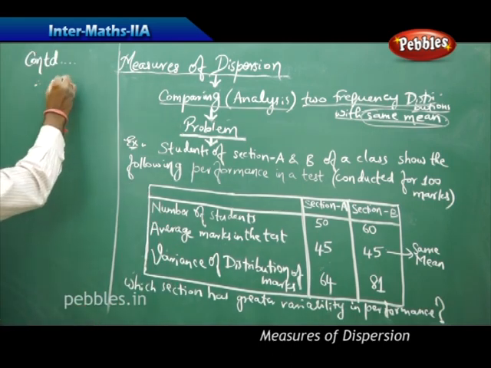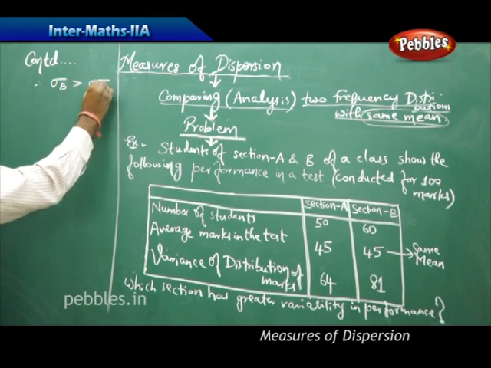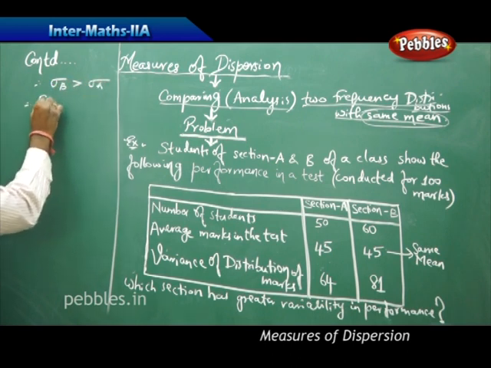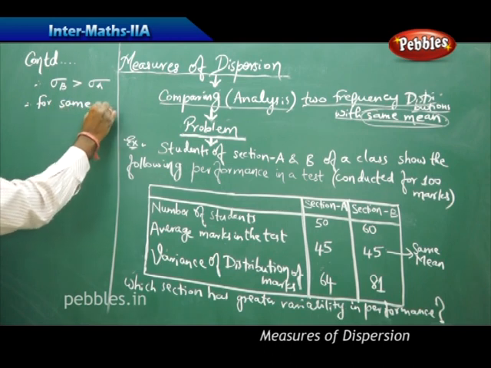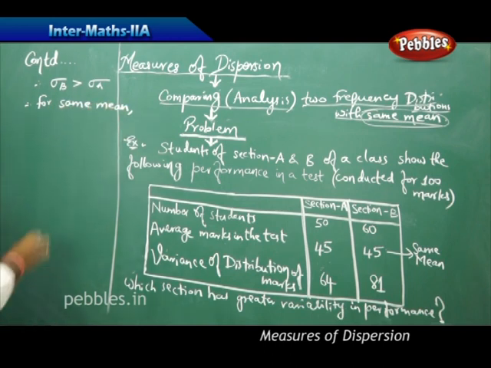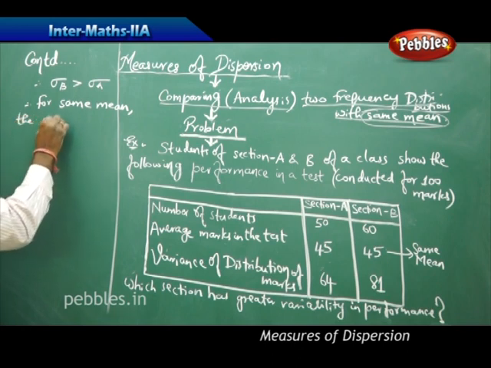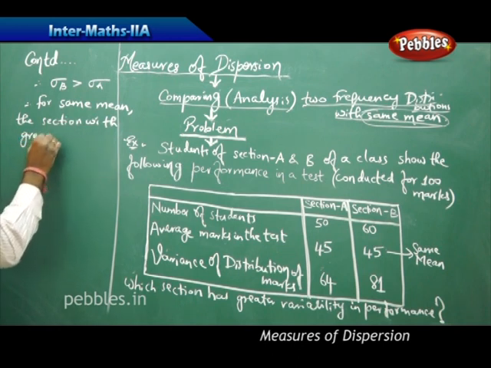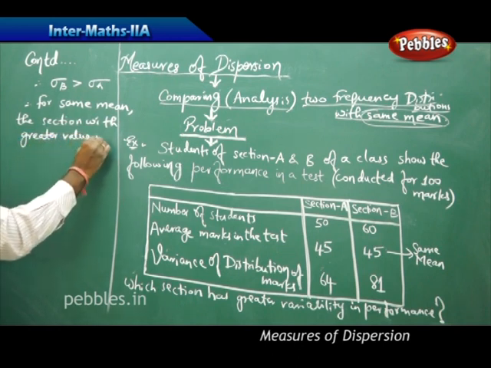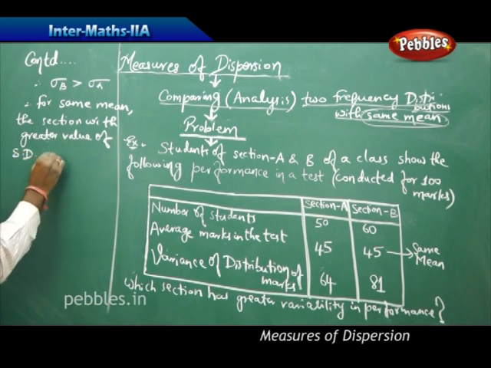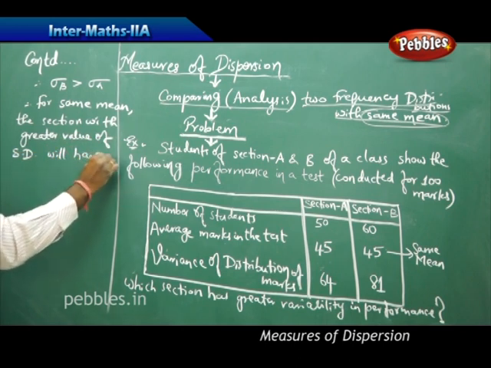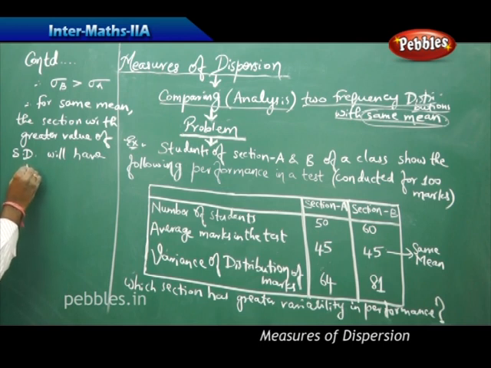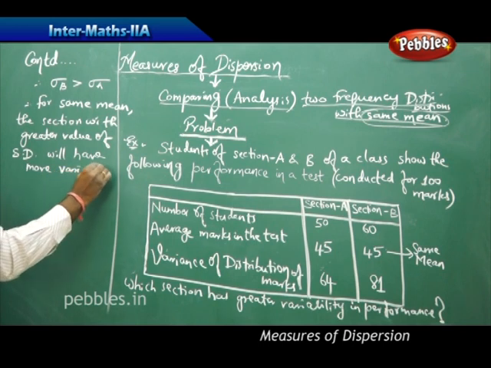Therefore, I have sigma B is greater than sigma A. Therefore, for same mean, we have studied that the section with greater value of standard deviation will have more variability, is how we understand.